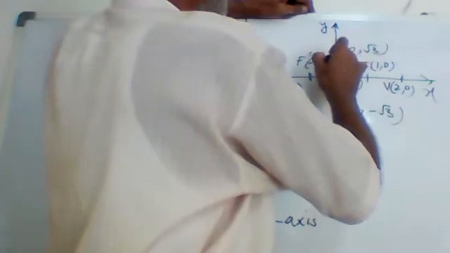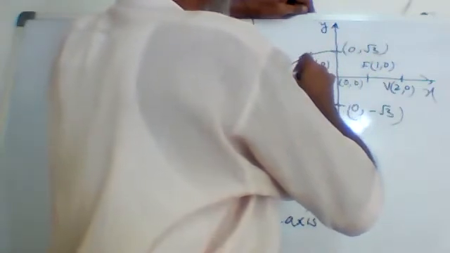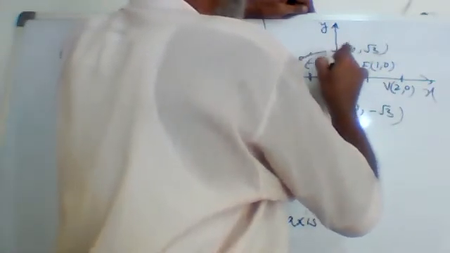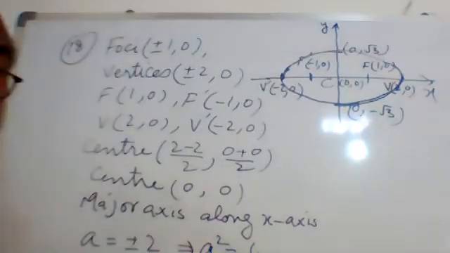This is the value of B. So now it will pass through the vertex. So this is the sketch of the ellipse. This is the sketch of the ellipse.